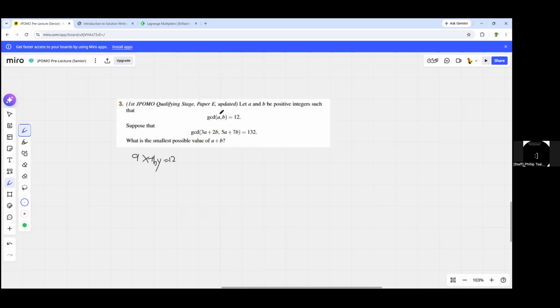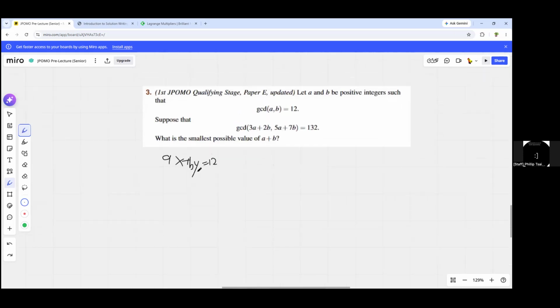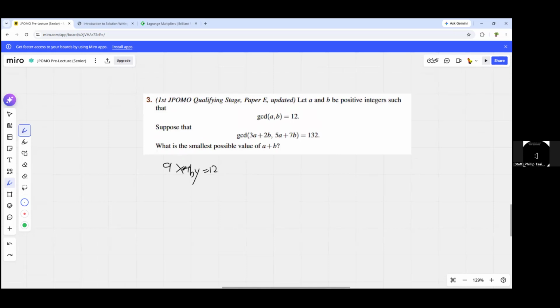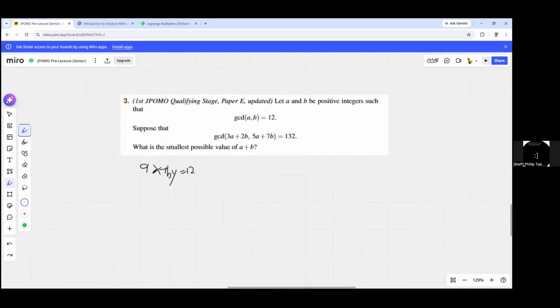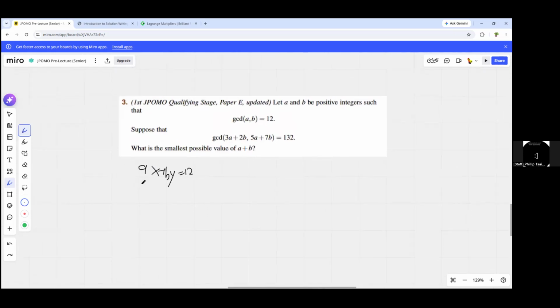And we know that A and B must be a multiple of 12. But here, if you were to write AX plus BY is equal to 12, we could theoretically assume that A is equal to 3 and X is equal to 2, and B is equal to 3 and Y is equal to 2 or something like that.